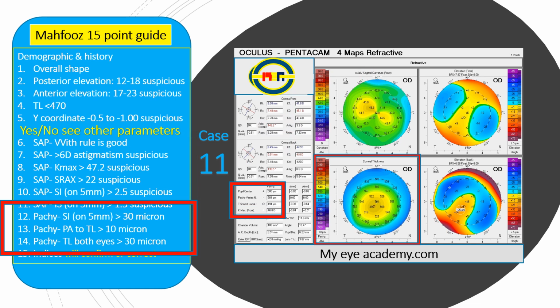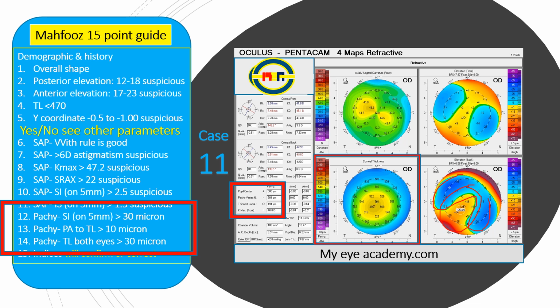And look at the Pecki map. The superior inferior on the 5 millimeter circle is in the normal range, and the PA to TL is within the normal range. So everything in this topography is within the normal range except the posterior elevation, which expressed itself in the skewed hourglass appearance.